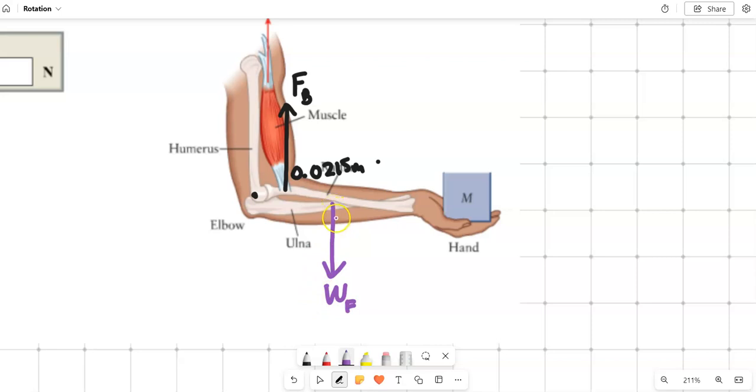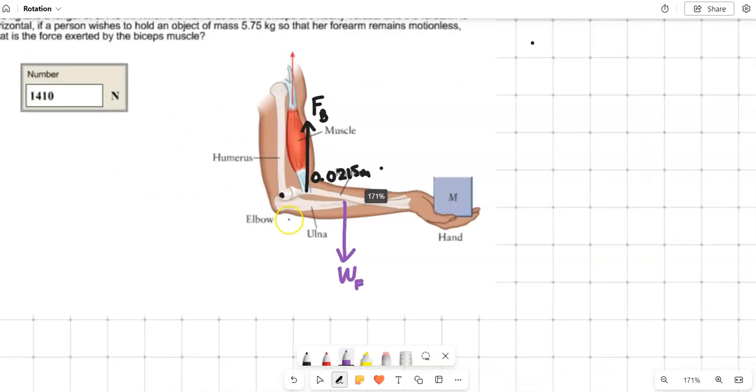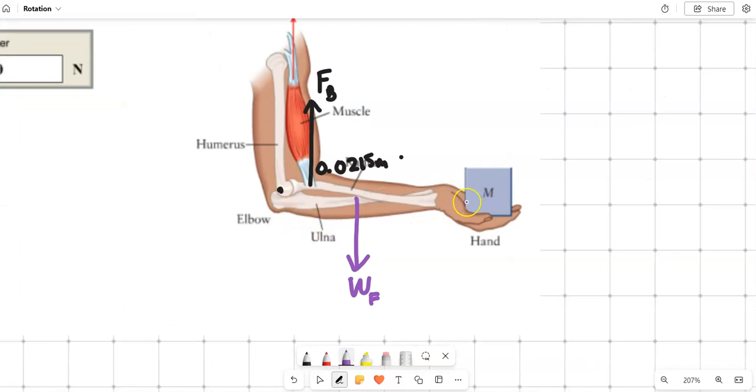And I'm pretty sure they're implying that the center of mass of the forearm is perfectly in between the weight and the elbow. So if the length of the full arm is 0.445 meters, then this is located at half of that length. So this force is attached 0.445 meters divided by 2 away from the pivot point, which is going to be the elbow.